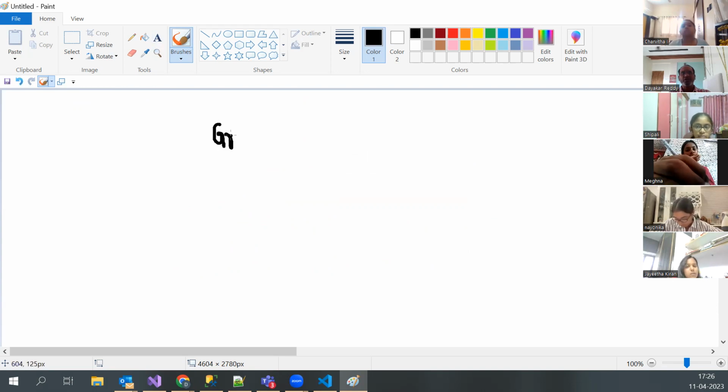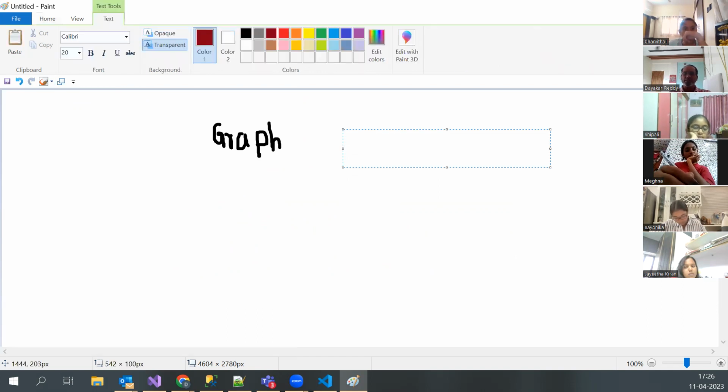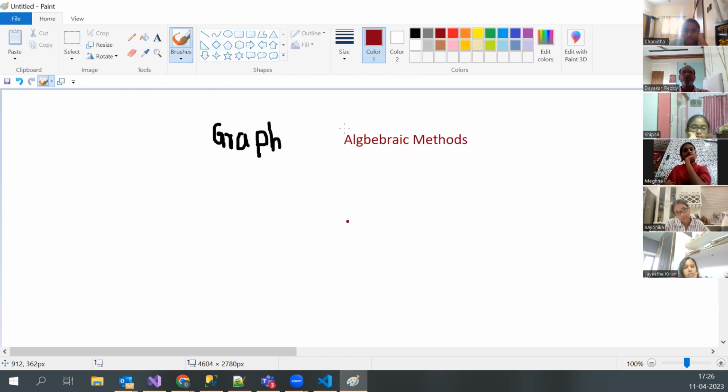One is a graphical way of representing, where through a graph you can solve. The other one is using algebraic methods. When I say graph, you have two lines, and you need to draw the graph of the two lines.